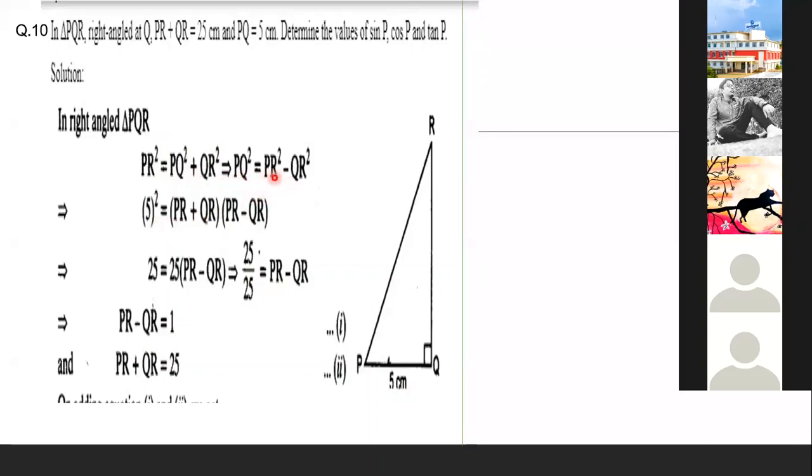The right hand side is in the form of A square minus B square, so I split it as A plus B into A minus B. The PR plus QR value they gave, I applied in its place. So I got PR minus QR equals 25 by 25, which is 1, using these two equations. So we'll find out the value of QR. Any doubt till here, children? Any doubt in getting PR minus QR here?